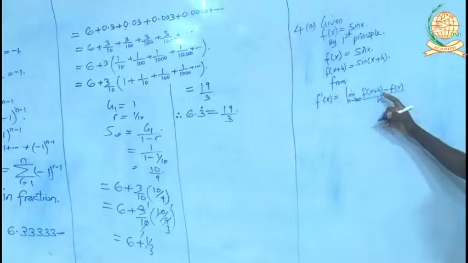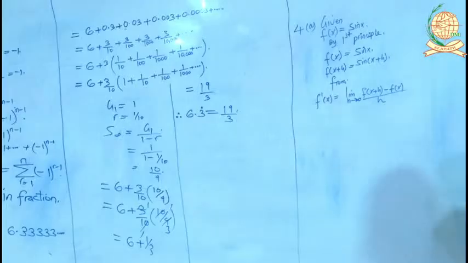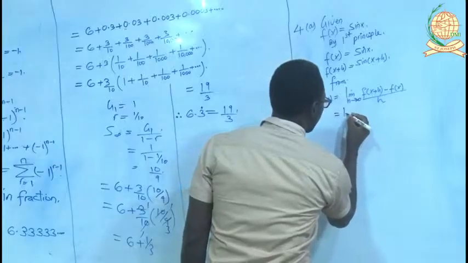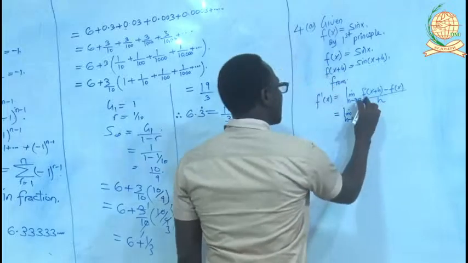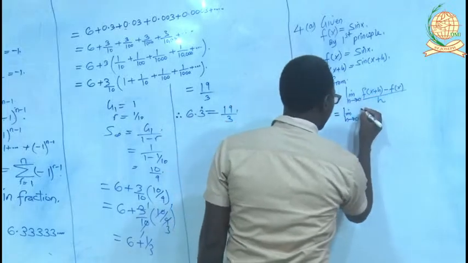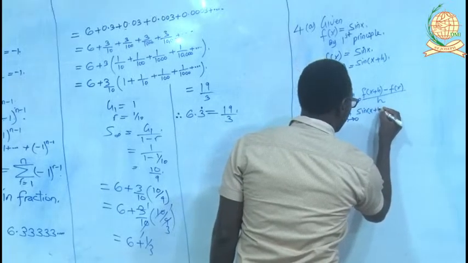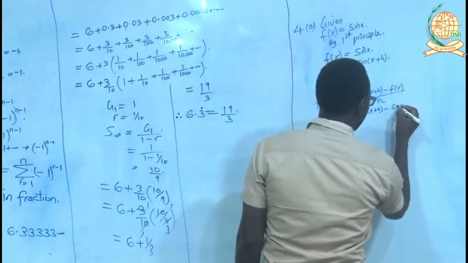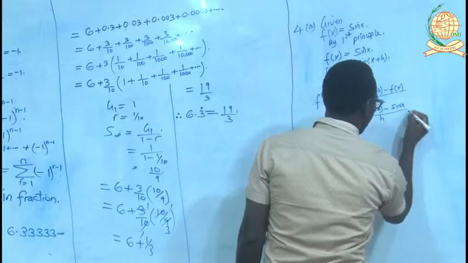Now f of x plus h is equal to sine of x plus h. f of x is the given function, which is sine x. So substitute there. We are going to have this limit, h goes to 0, sine of x plus h minus sine of x all over h.